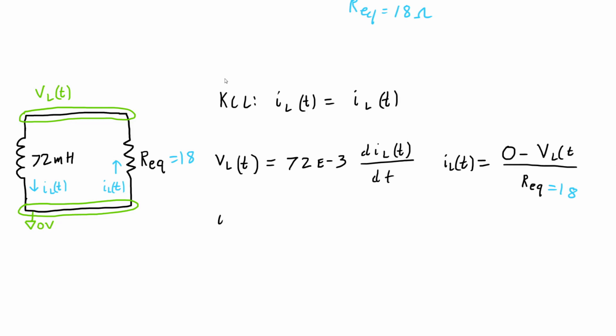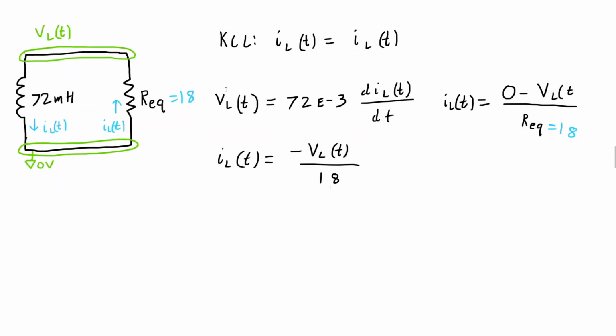So I'm going to write ILT in a different form, same form actually. I'm just going to simplify it. So VLT0 minus VLT is negative VLT over R equivalent, which is 18. And now I'm going to take ILT and substitute it into this expression.